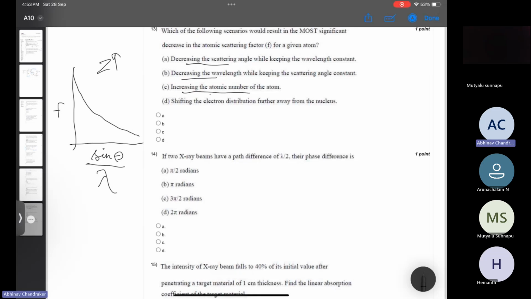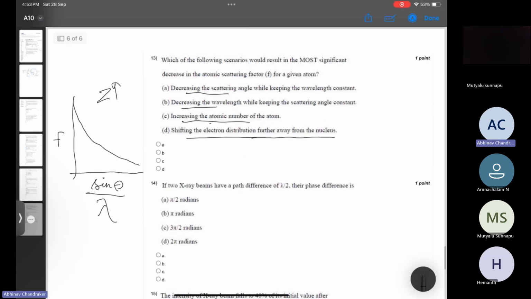So this will increase. And shifting the electron distribution further away from the nucleus: if electrons are further away, then it is possible that the phase difference between the scattered beams from different electrons will be higher. So the atomic scattering factor can decrease. But I think a decrease of wavelength will have a direct effect on the atomic scattering factor.